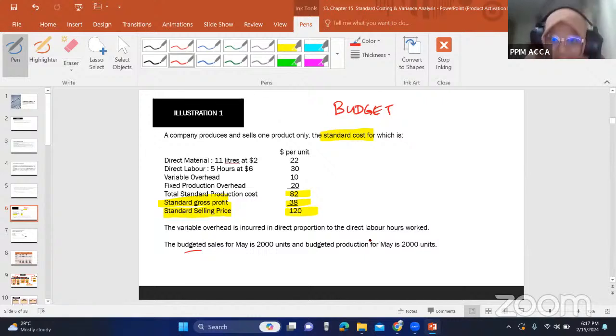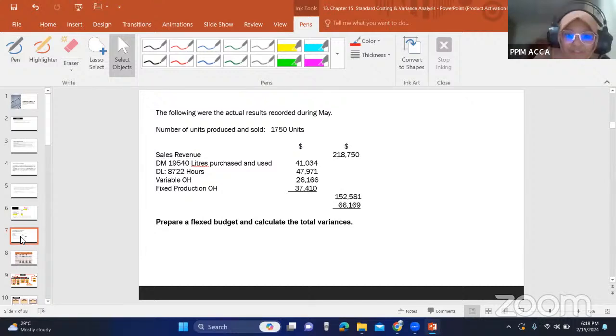Comparing this budget with what actually happened. What you will notice in all variance analysis questions is that the question will be divided very clearly into two parts. When you read it, you will be able to figure out that in this portion they're talking about budgeted data, and there will be another portion where they will start talking about actual data.